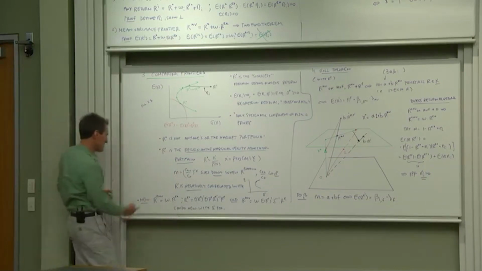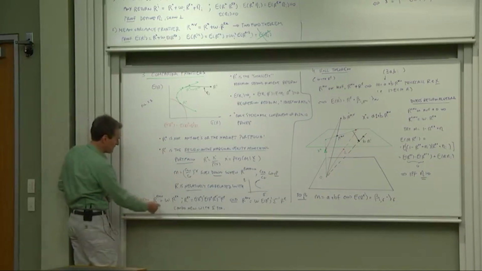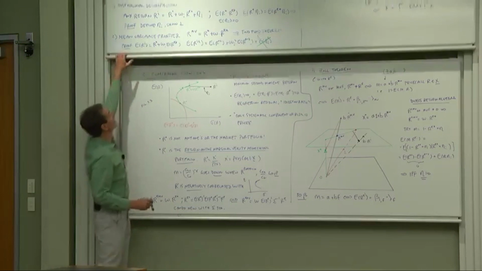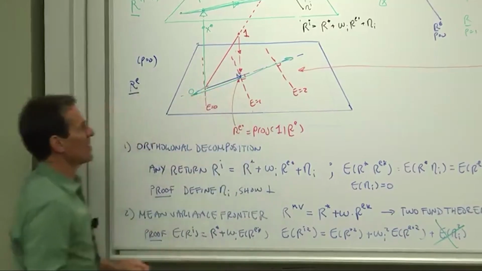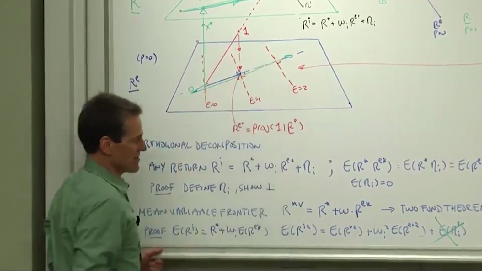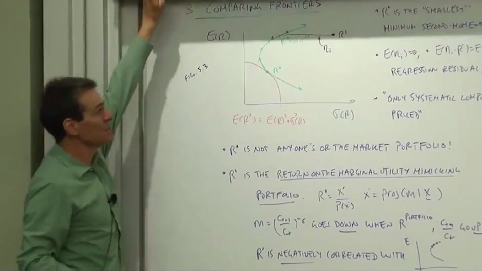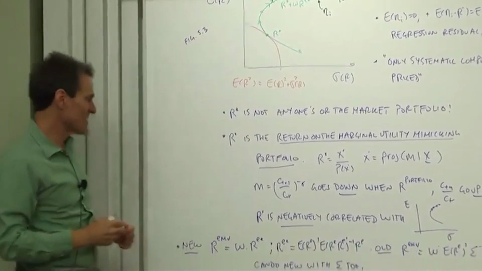Another comparison: if we have excess returns only, the excess return mean variance frontier is of course just w times R e star. That's the mean variance frontier of excess returns, which is the one that I did algebraically. So how does that compare?